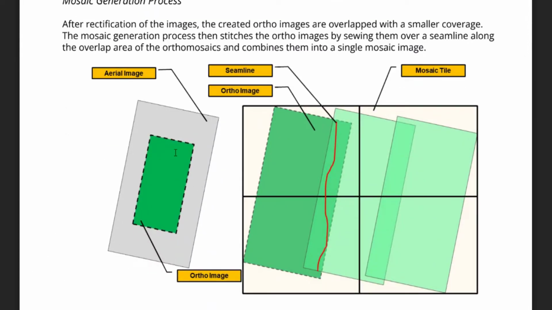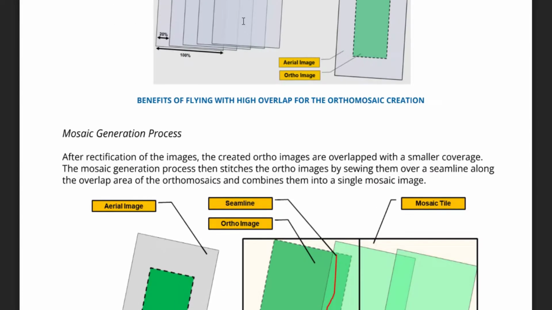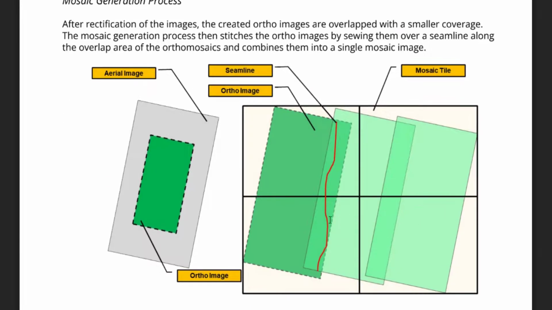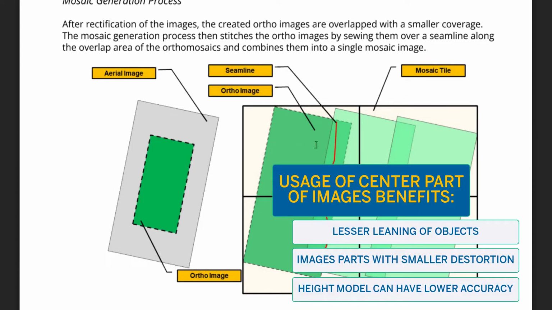Because when I use from this first image the green part, and then from the second image the green part, and from the third one, these ortho areas are still overlapping. I can still detect this seam line between the orthophotos. This is not anymore aerial image, this is orthophoto area, and these overlapping parts of the orthophotos still allow me to make a seamless mosaic generation, and therefore we can only focus on the center part.